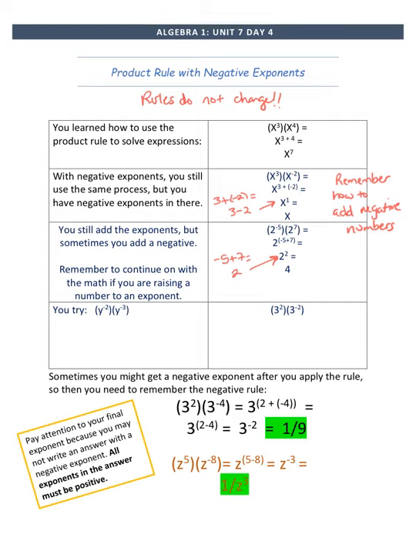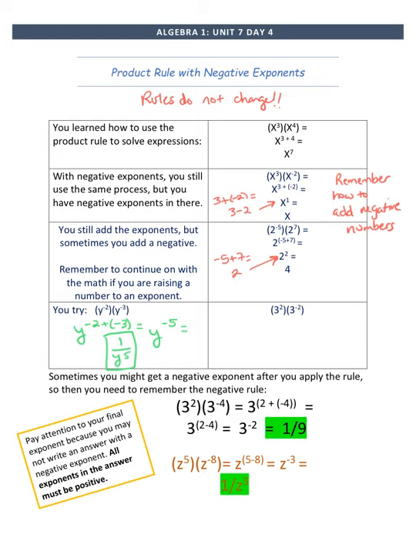All right, you try. Stop, try it, and then see what you get. y to the negative 2 times y to the negative 3, y to the negative 5, equals 1 over y to the 5th. Oh, that's sneaky, because you've got to apply all the rules. And that's why that one's there. The product rule applies. Negative 2 plus negative 3 is negative 5.